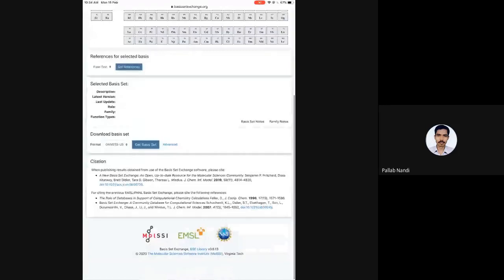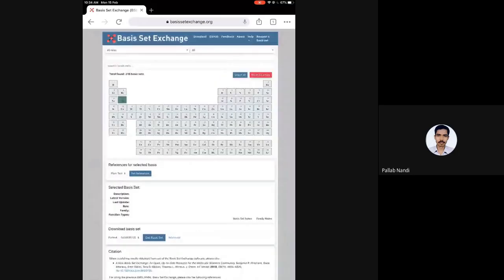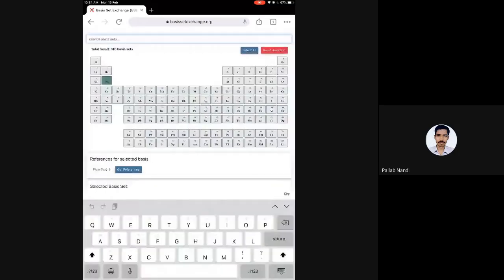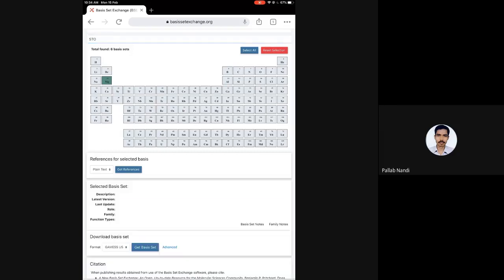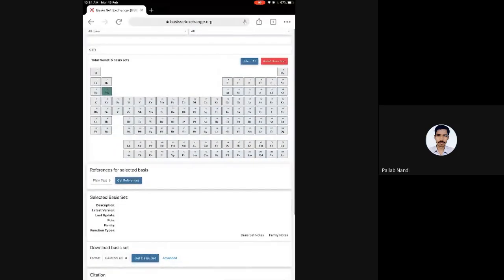One minute. So where is the type of basis? Okay. So I have to search then maybe STO. Okay, 6 basis sets. So where are the basis sets? Can someone see?